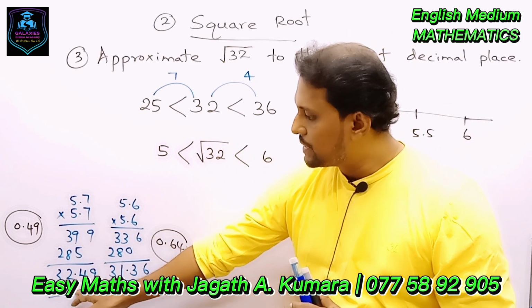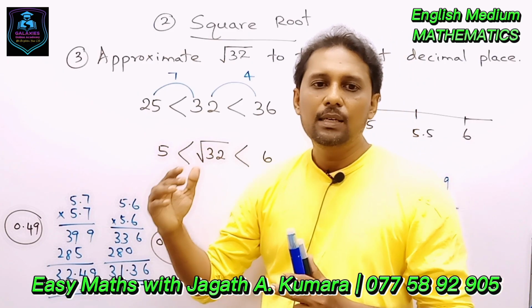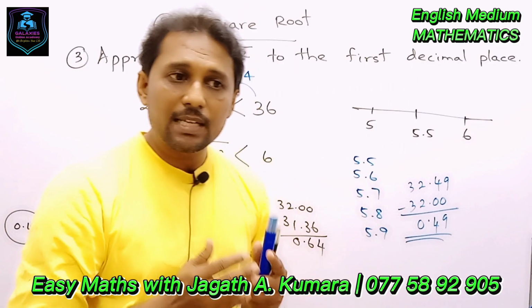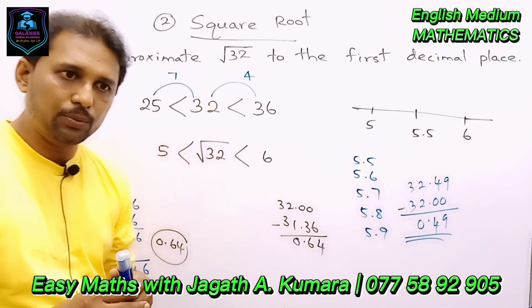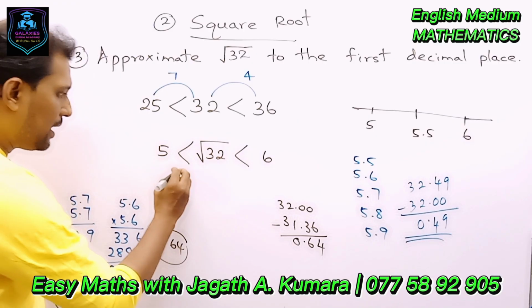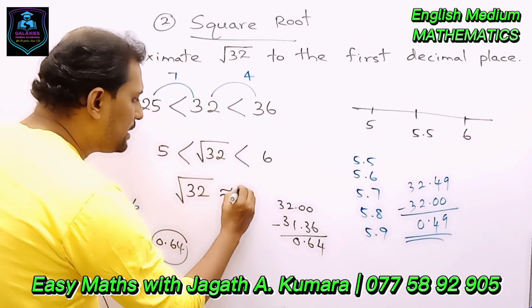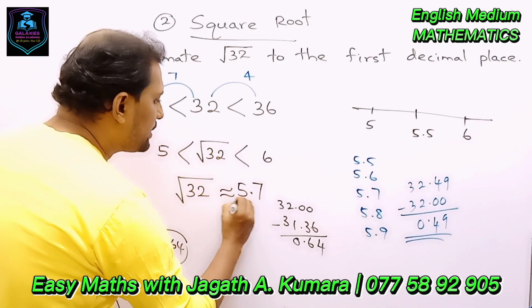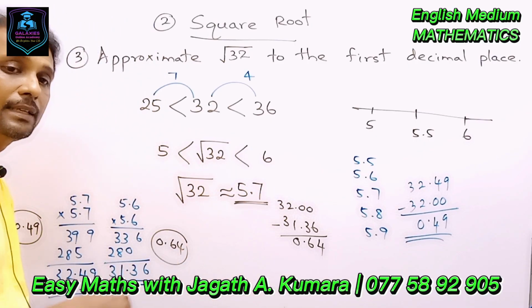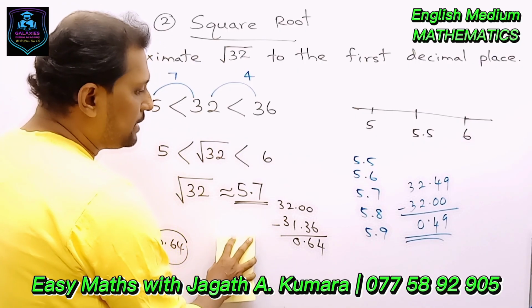That means this one's square root is 5.7. So what is the approximation value to the first decimal place of the square root of 32? It should be 5.7. So your answer should be: the square root of 32 approximation value is 5.7, right? It is the answer for this question.